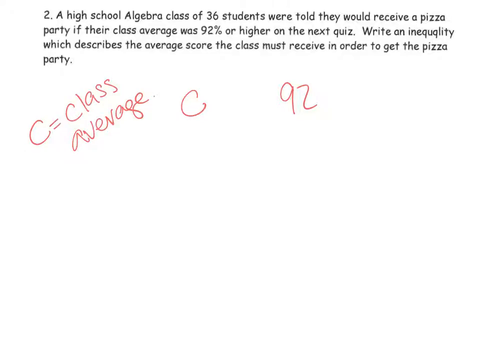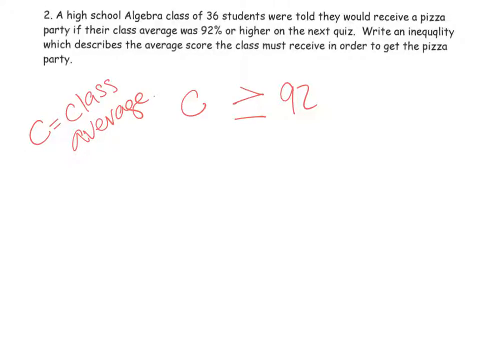No. Can we get a 50% class average? No. So what symbol would I use? Okay, so greater than. So the class average can be greater than 92. Can the class average be exactly 92%? Okay. So C is greater than or equal to 92.